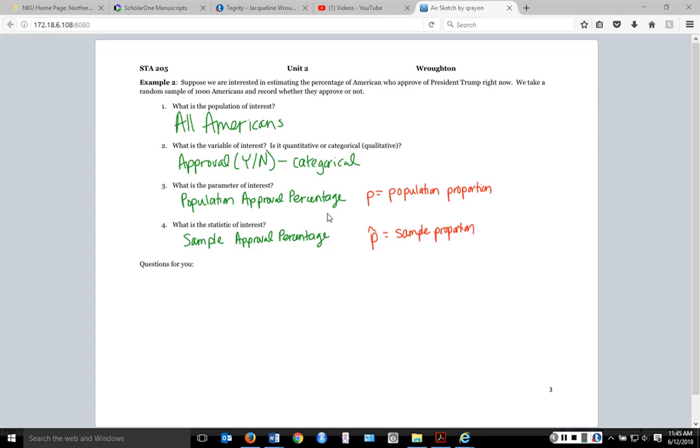All right, so my questions for you, we're going to use this example that we see here. So suppose we each sample 1,000 Americans. So you go out and get 1,000 people, I go out and get 1,000 people. We're going to look at us each doing that. So my first question is, would we each get the same P hat?